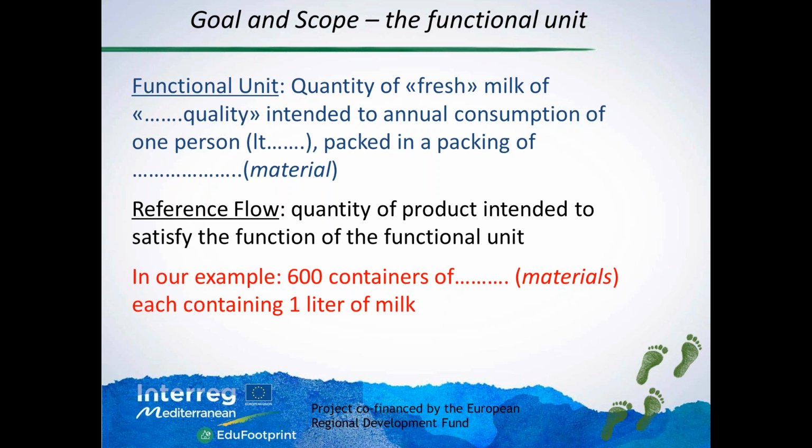This is our functional unit. Which is the reference flow? The reference flow in this kind of example is the quantity of product intended to satisfy the function of the functional unit. In our example, 600 containers of, I don't know, paper, each containing 1 liter of milk.